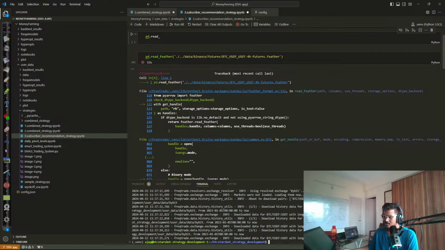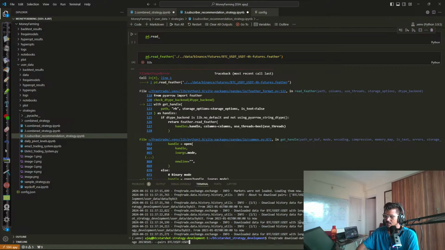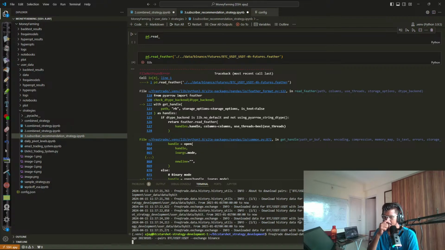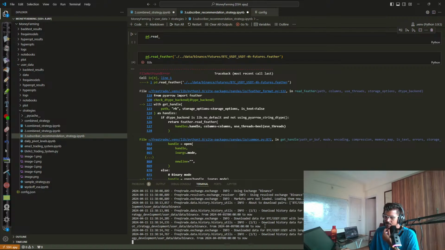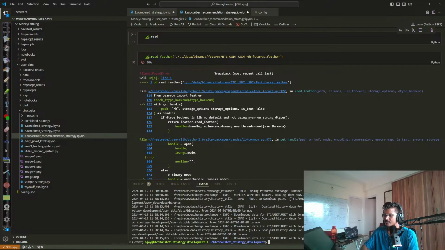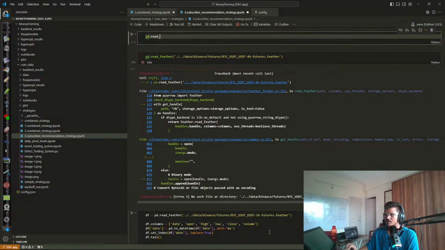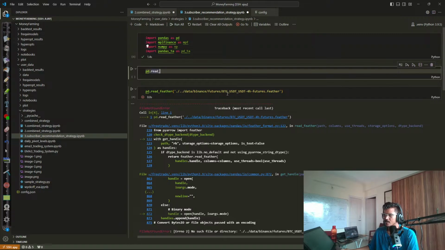Okay, it's the Bybit. Nice. So yeah, I mean it's like Binance futures.